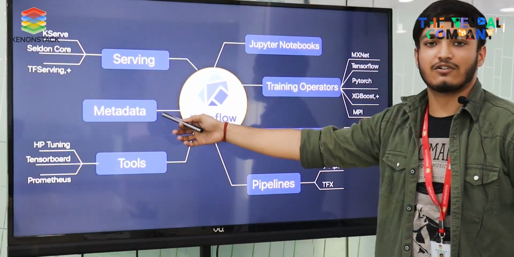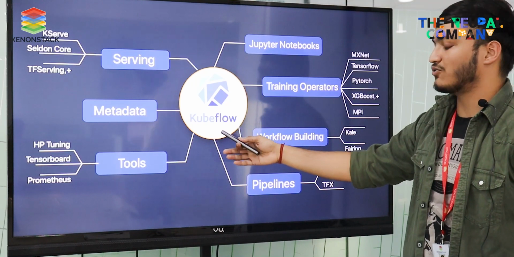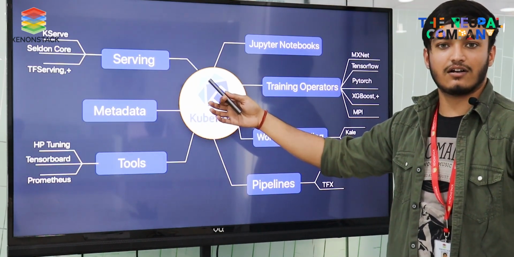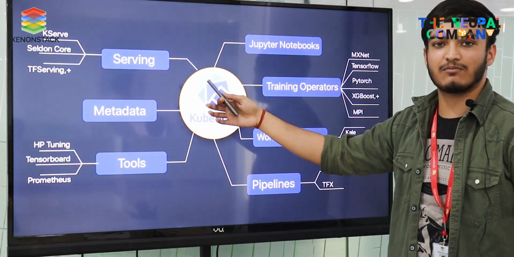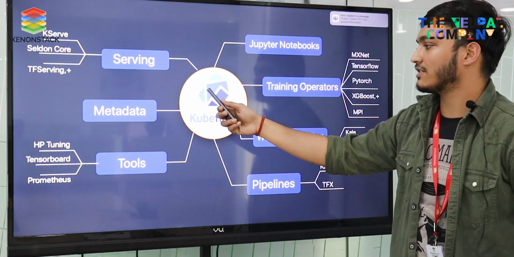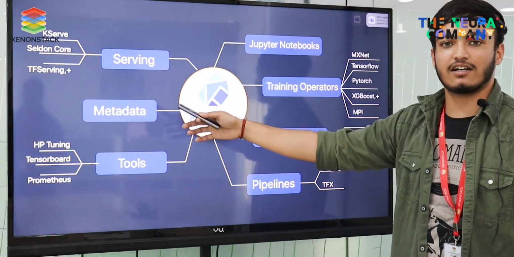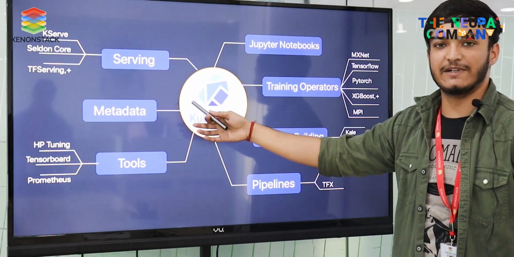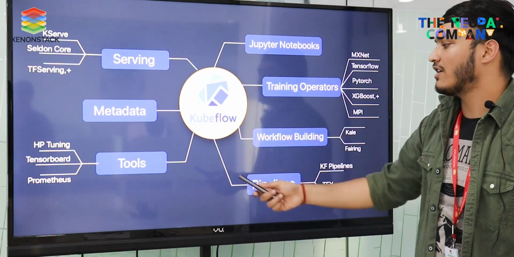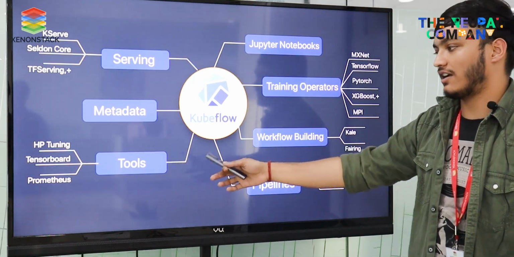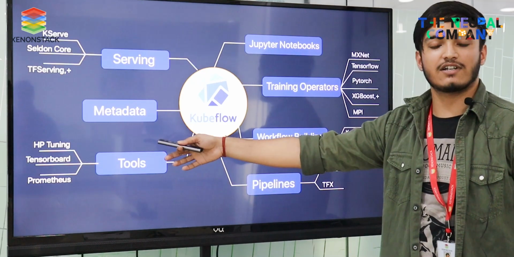Then comes the metadata. What is the purpose of metadata in this tool? When we are running our ML pipelines and models, there are options for metadata. We store our data in the metadata option, and there are options like MinIO object storage and lots more. The last thing is tools, and the tool is HP tuning.